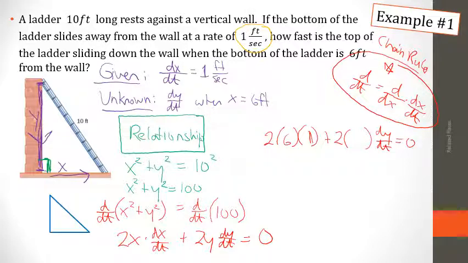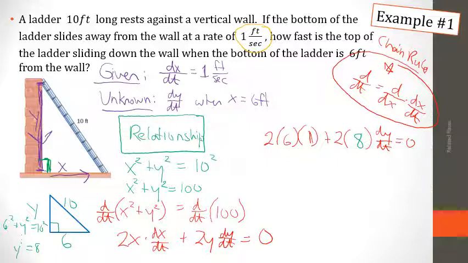So I'm going to go back over here on my picture and look at more of my relationship. When x is 6, the ladder's 10, I need to find y. So again, it's a right triangle relationship. So I have 6 squared plus y squared equals 10 squared. When I solve for y, I get y equals 8. So I'm going to put that over here.